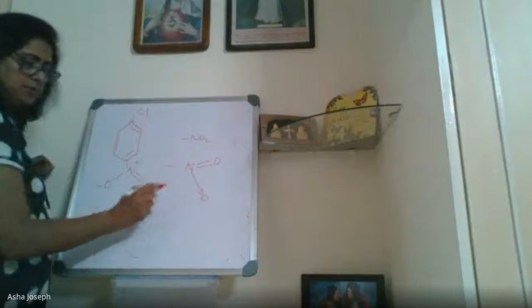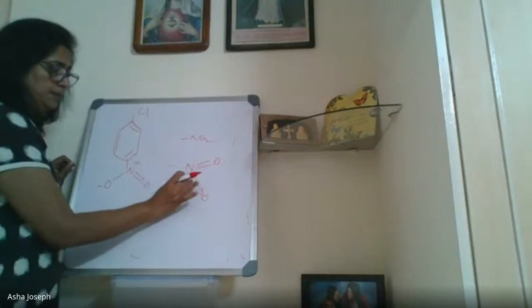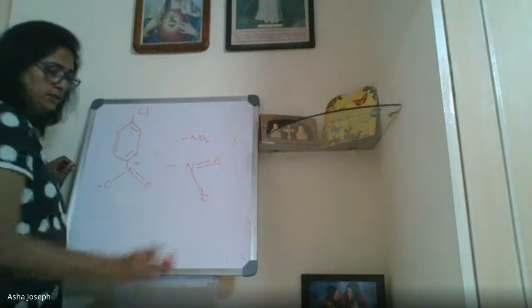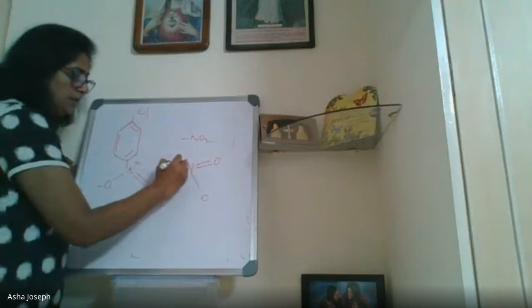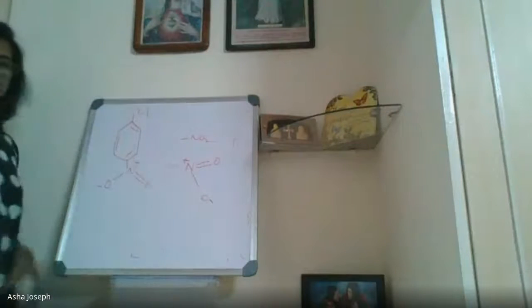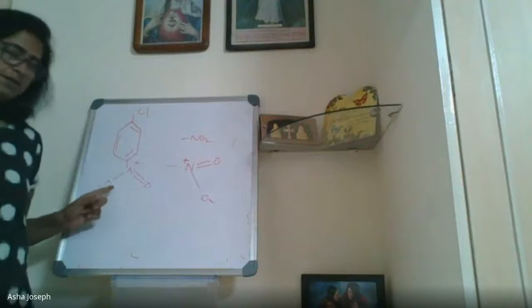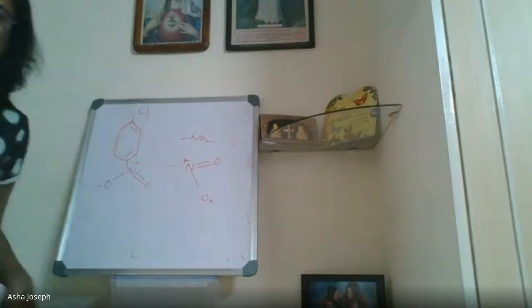This N-O bond is a coordinate bond, which you learned last year. The electrons required for this bond are given only by nitrogen. So we put an arrow towards oxygen, or you can say nitrogen is losing, oxygen is getting. That only I put here, then you will understand the reason. Is this much clear?